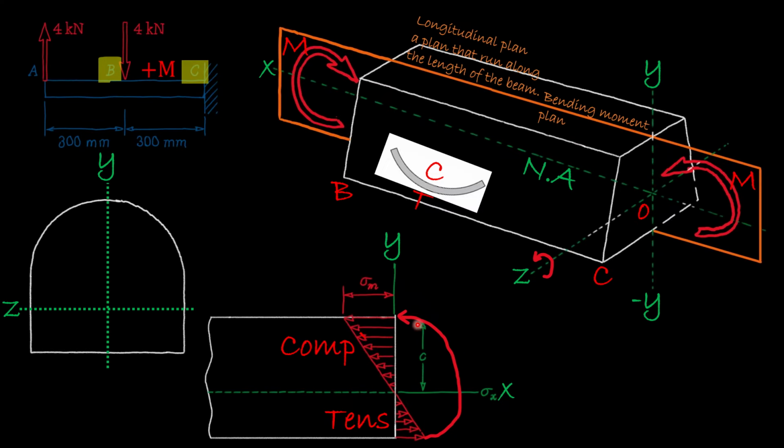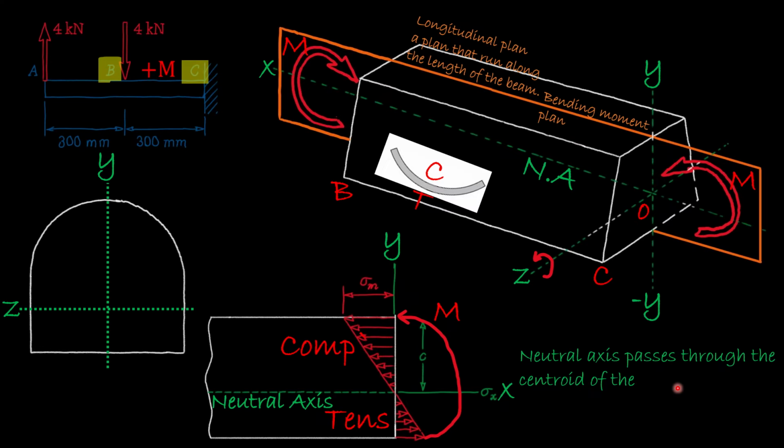And this will cause an internal net moment. And remember, this is called the neutral axis. It's important to remember that the neutral axis passes through the centroid of the cross section. So it's important to find the center of your cross section because that's where you're going to have your neutral axis.